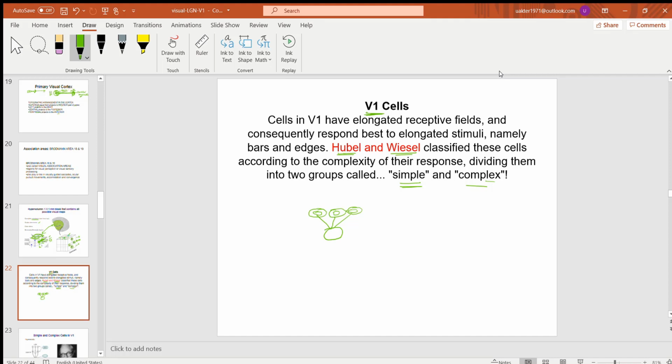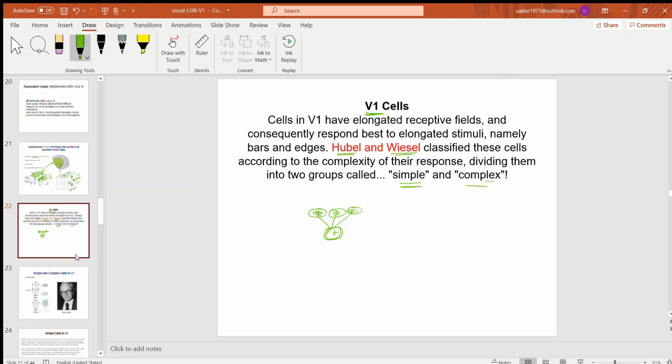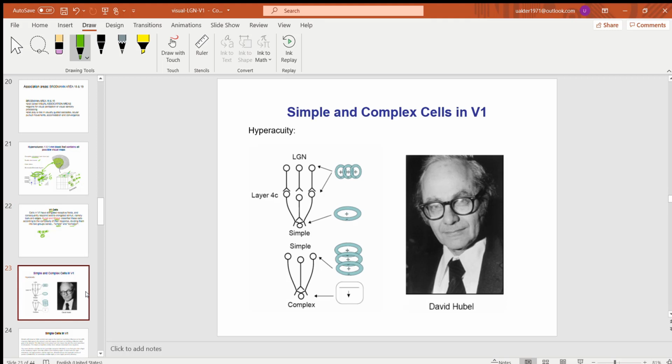Okay, and a larger receptive field. Okay, simple cells are more useful for edge, stripe, contrast detection, okay, and as well as orientation.